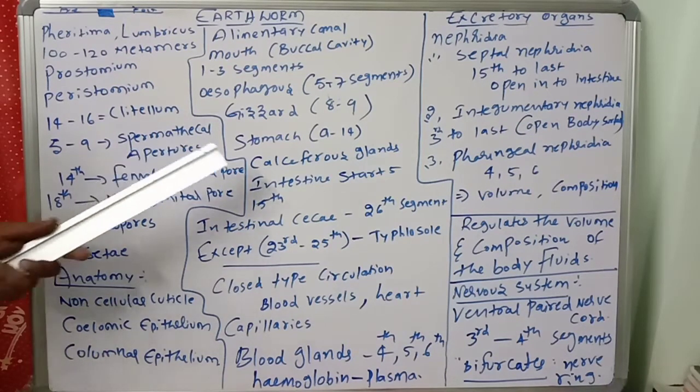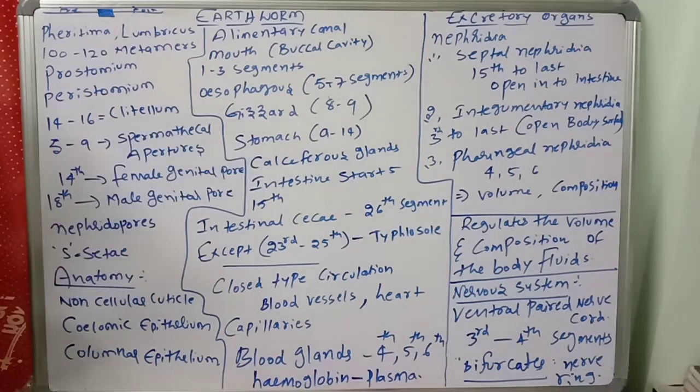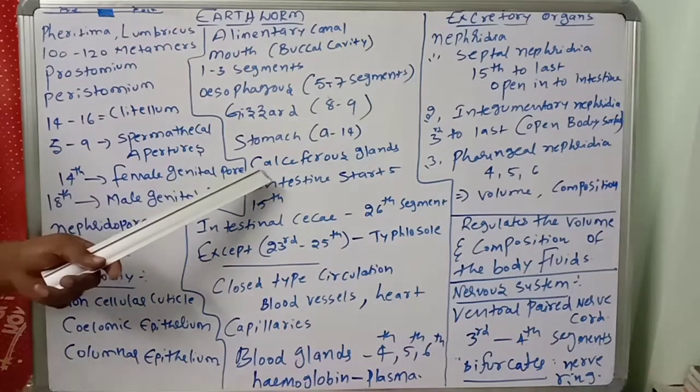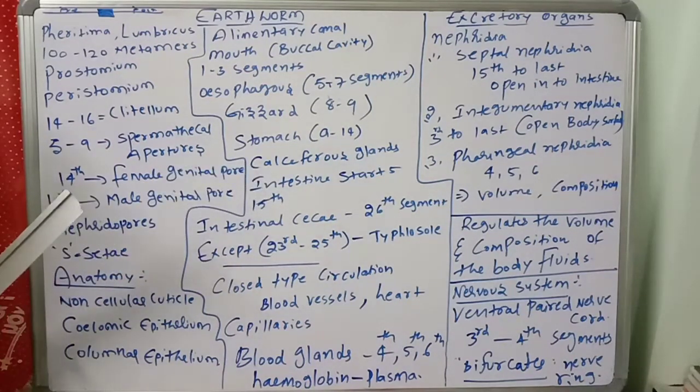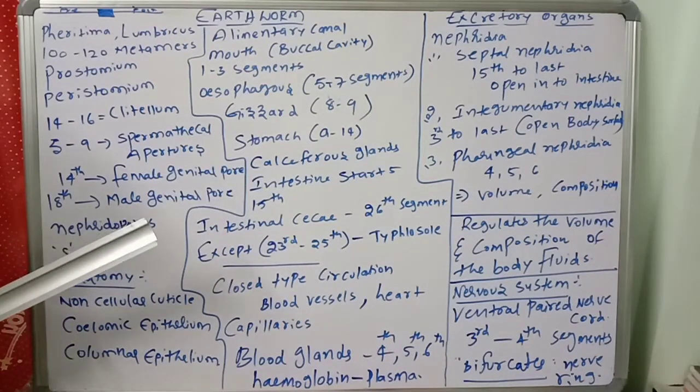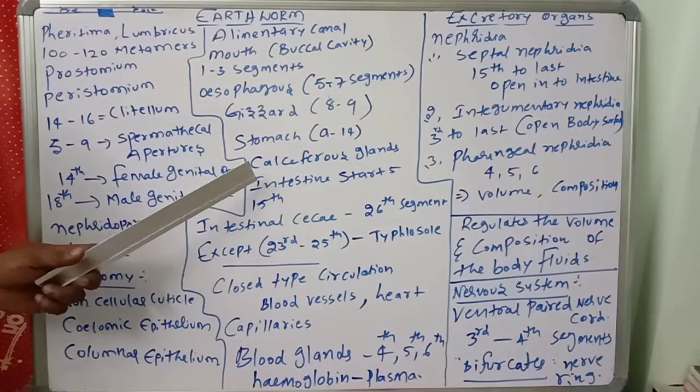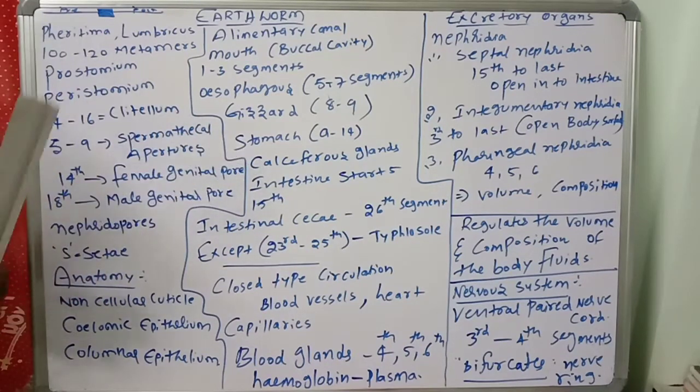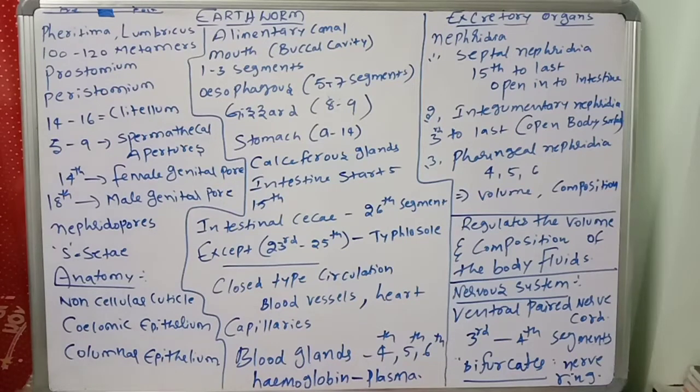Calciferous glands are very important, present in the stomach. What is the use of these calciferous glands? The calciferous glands neutralize the humic acid present in the humus. Very strong acids are entering the earthworm stomach, so that strong acid has to be neutralized.